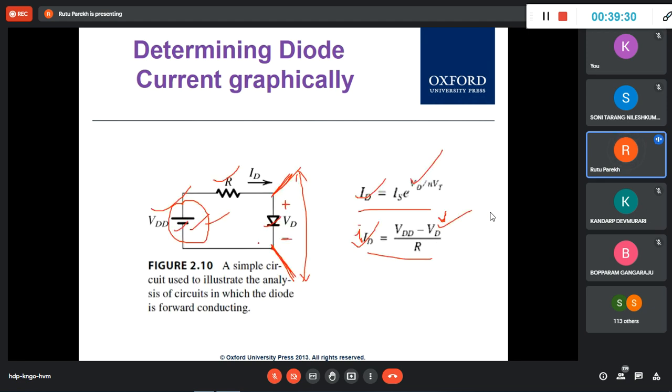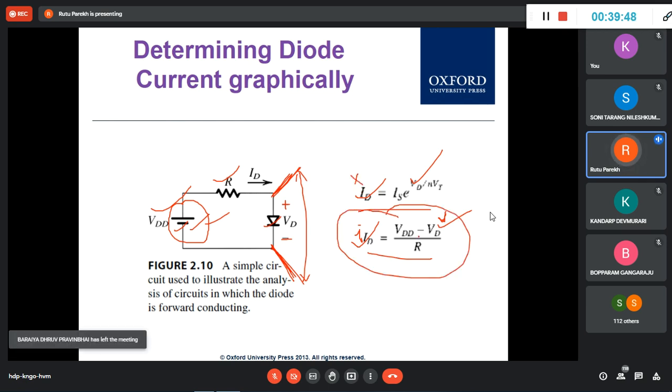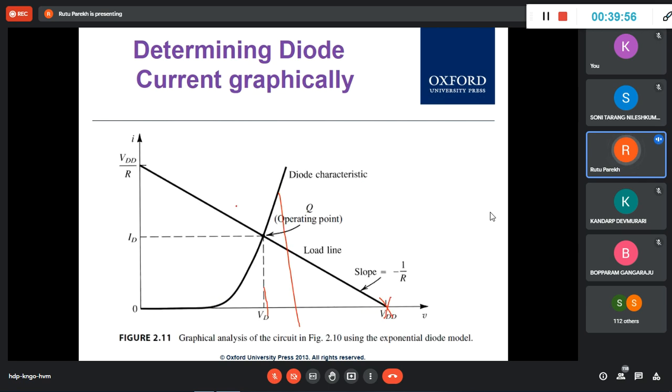But if you forget the diode and you are talking of the voltage across here, there is R. If you are talking of this equation, you forget the other equation, and we are talking of this equation and this some drop. If you don't think of the diode, there is some drop, which is given by this equation. Then this is the line.